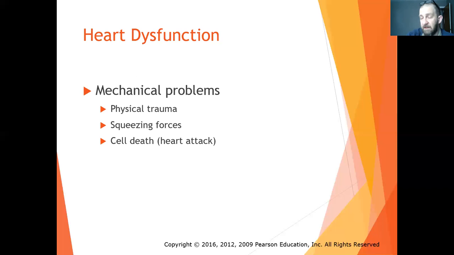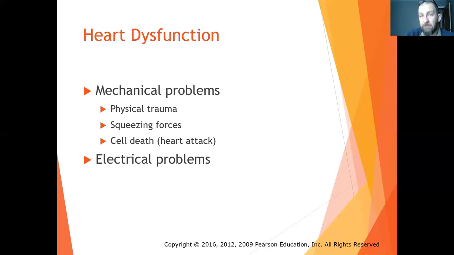You can have a heart attack, which results in cell and muscle death of the heart. So if somebody has a heart attack in their left ventricle that's particularly large, maybe their cardiac output drops by a large amount because the left ventricle simply can't pump the blood out enough because too much of its muscle has died.